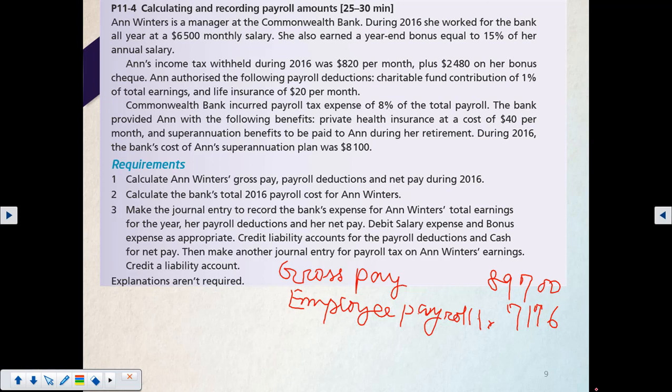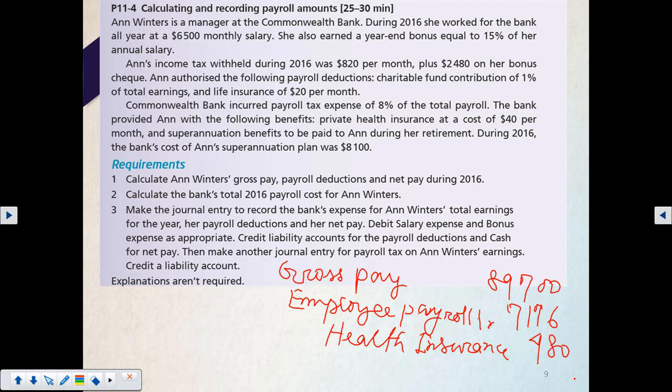Let's go to the next one. The bank provided private health insurance, $40 per month, so 40 times 12. Health insurance is going to be 480.